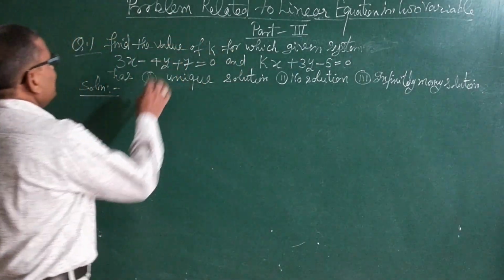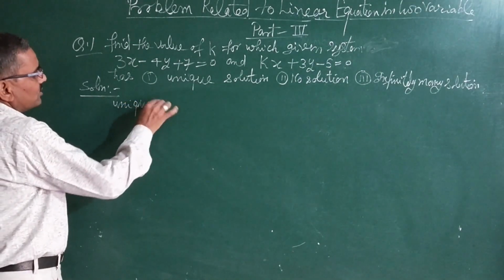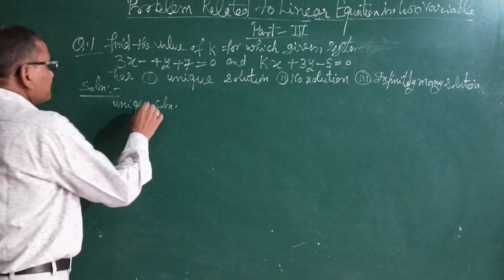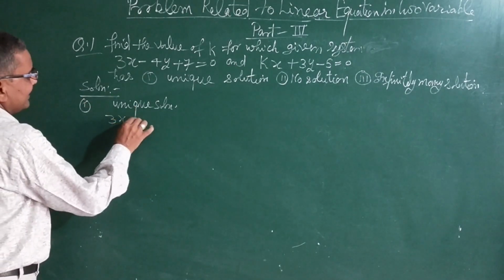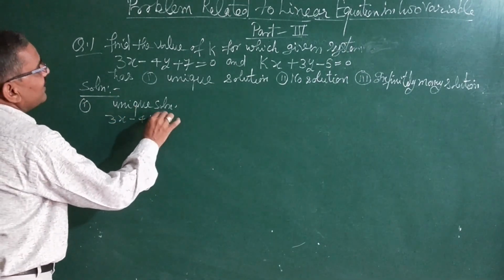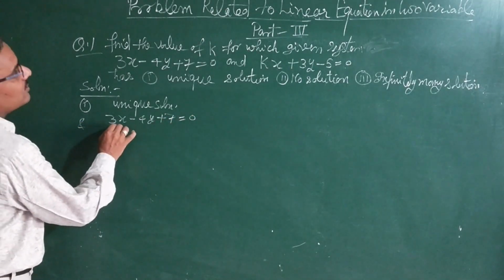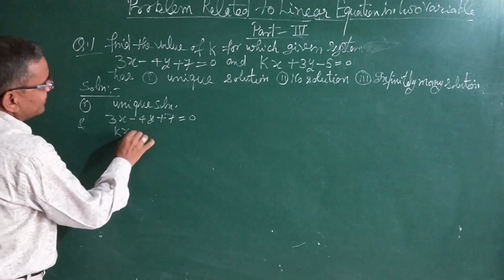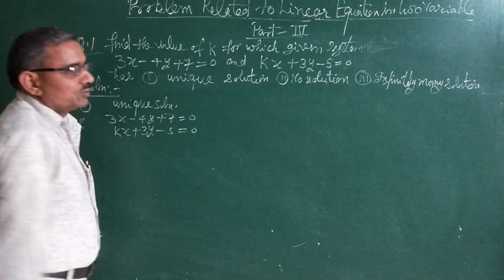Now for a unique solution, we have 3x minus 4y plus 7 is equal to 0 and kx plus 3y minus 5 is equal to 0.